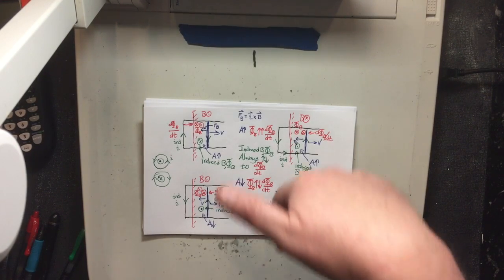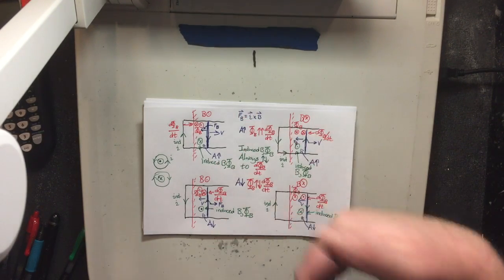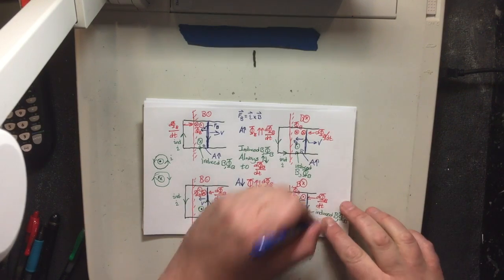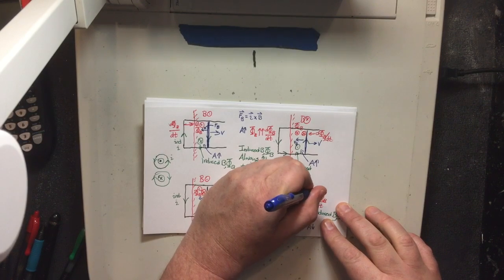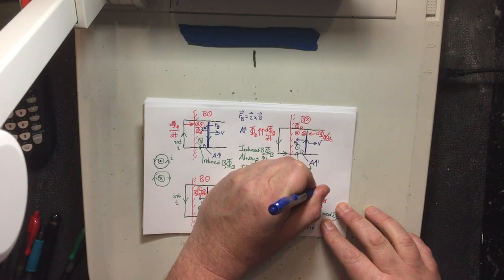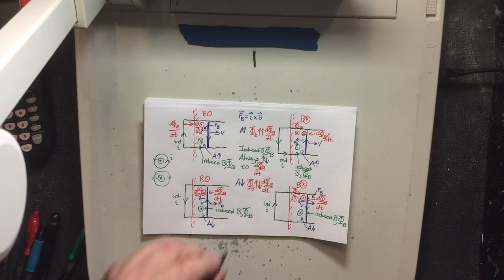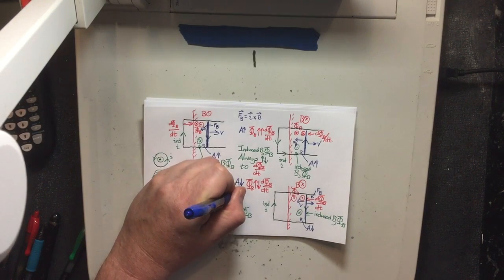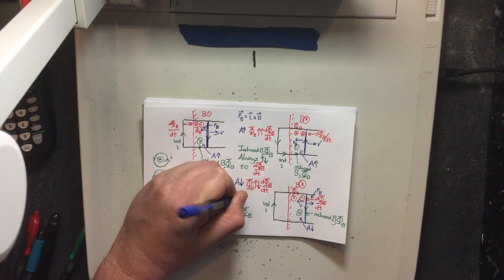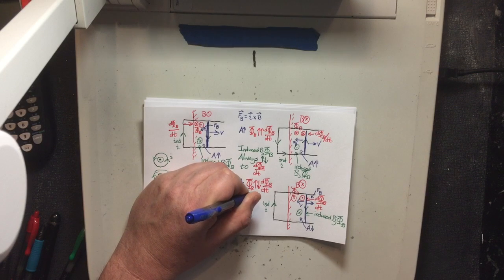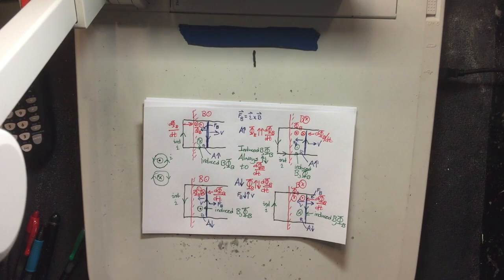Here, down, into the page, to the right. And what you will see is that in all four cases, the magnetic force and the velocity are always opposite.